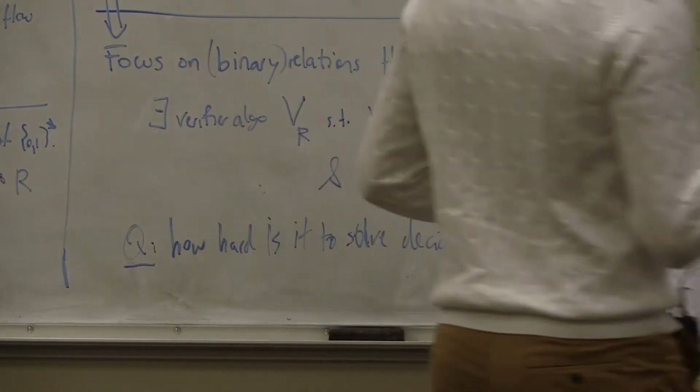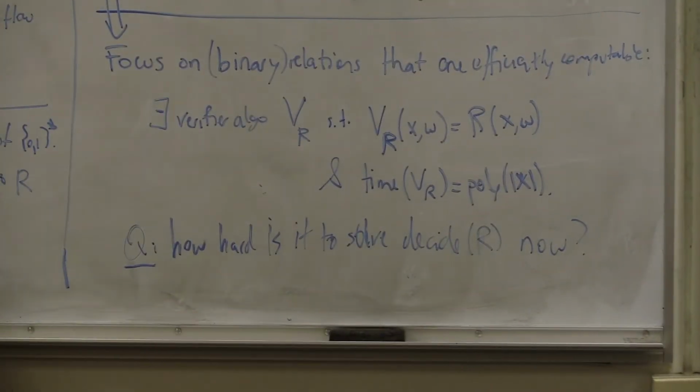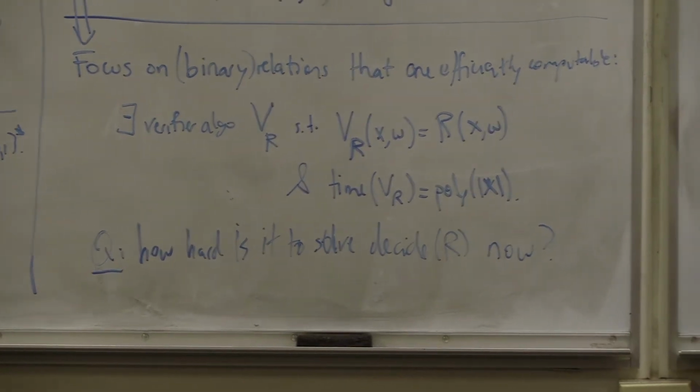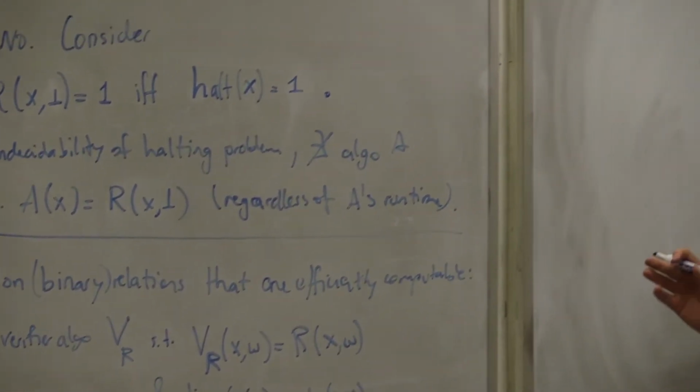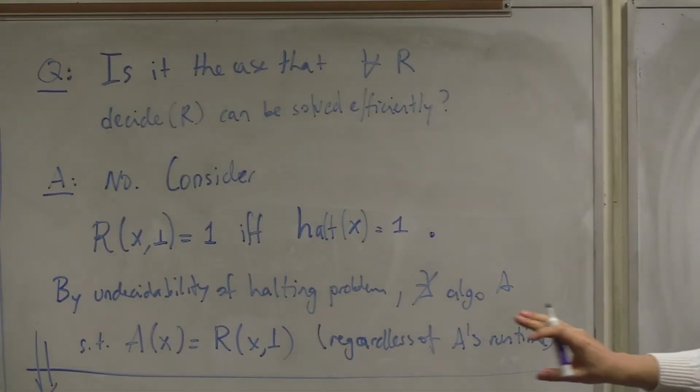Well, the first observation we can immediately make is that this restriction says that there is always an algorithm that may be slow but will decide R, unlike, for example, the case where there's just no algorithm.